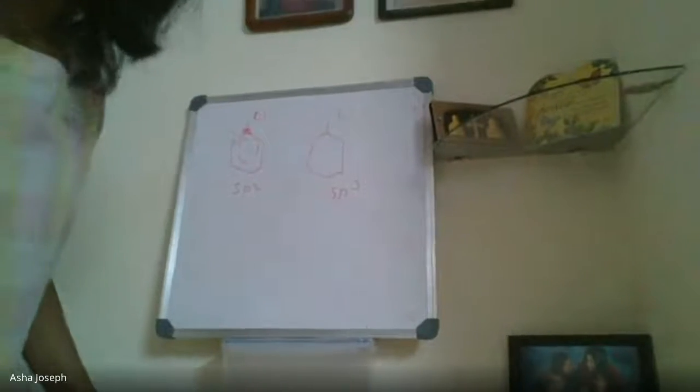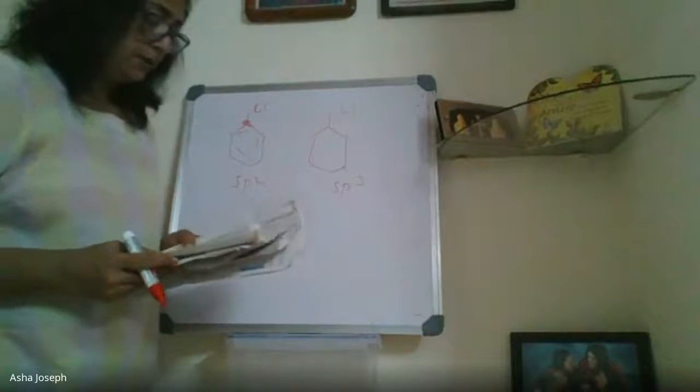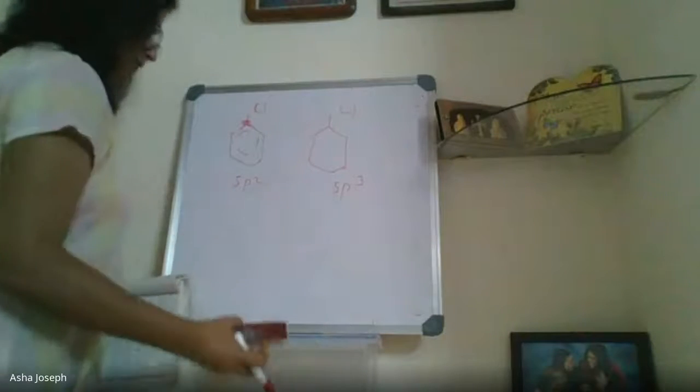Have you learned this reaction? Yes, ma'am. So what is the reaction? Br will be replaced by CN. Isn't it? Alcoholic KCN. Okay, this reaction I will write. This is the fourth one, 10.14, fourth one.